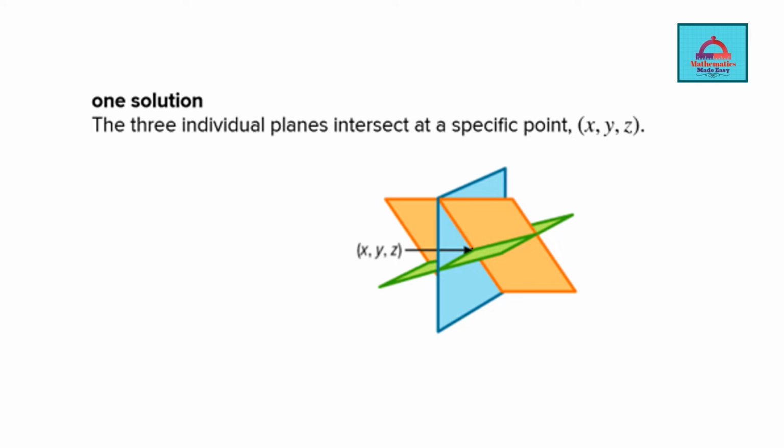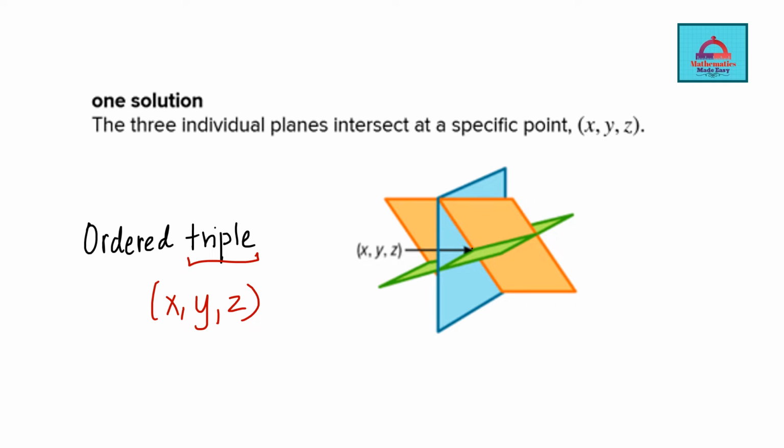Now this x, y, and z is a specific point and it has a special name also. The name of this point is ordered triple. I'm sure you're able to understand why it's called triple, because it has 3 coordinates x, y, and z. Generally, these are the 3 variables which you need to find when you get a question on this lesson. And they are ordered in the sense that they are arranged in this particular specific order.